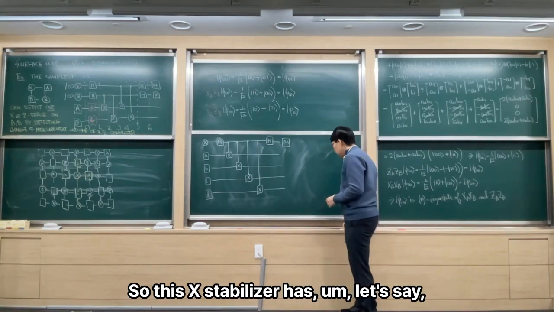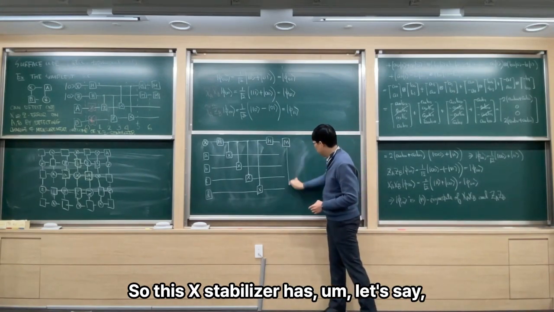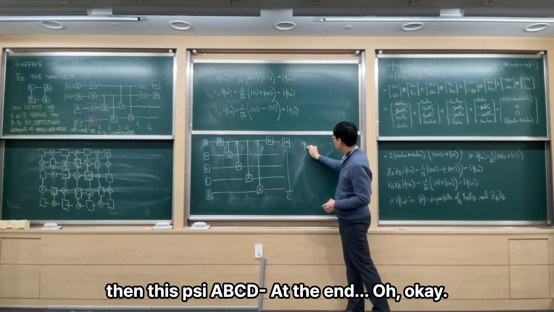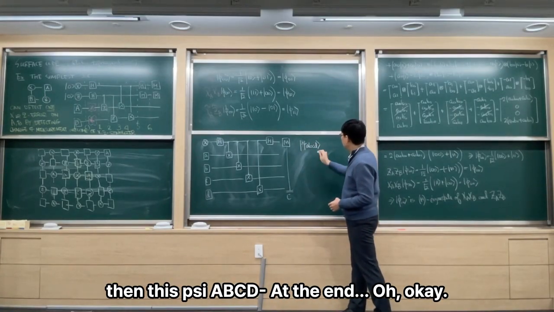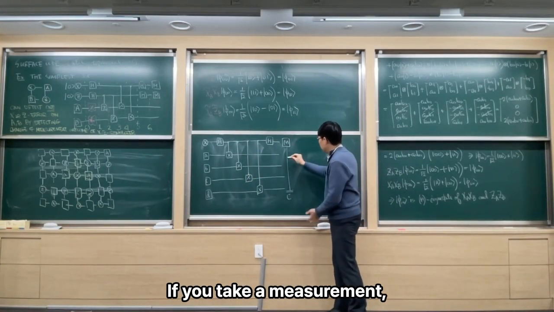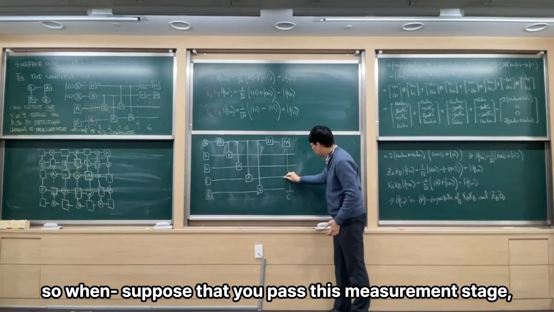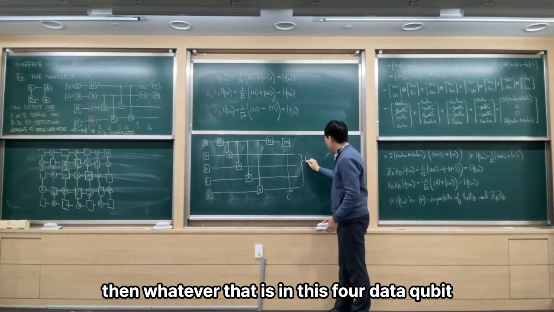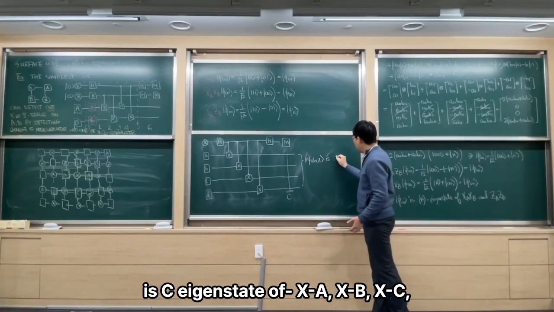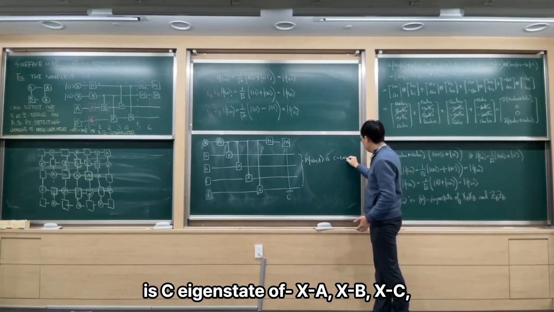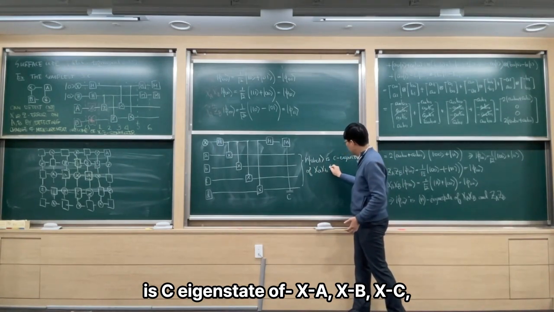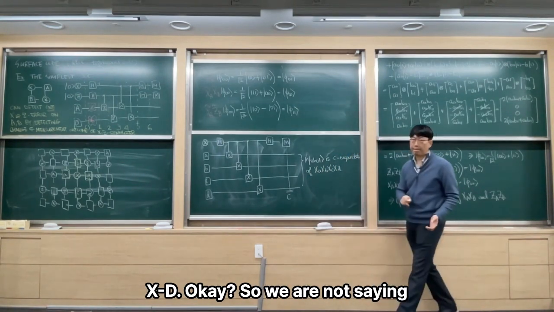Suppose you pass this measurement stage, then whatever is in these 4 data qubits is an eigenstate of X_A X_B X_C X_D.